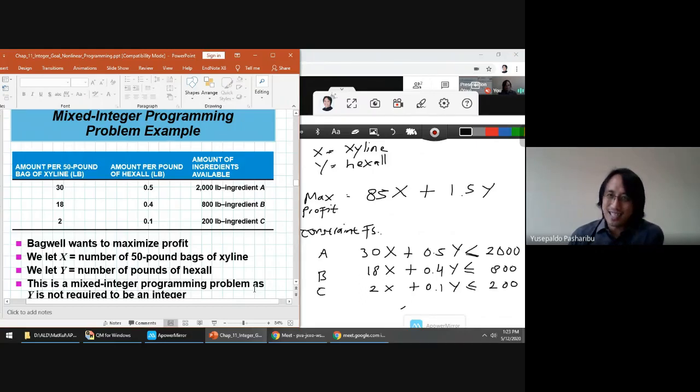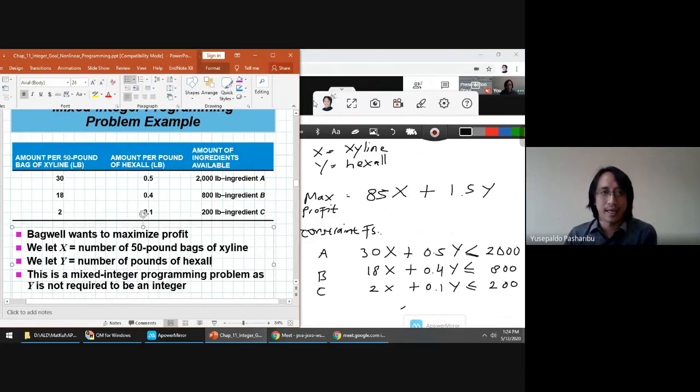This is a mixed integer. I told you before, because x must be in integer and for y we can have non-integer or real value.